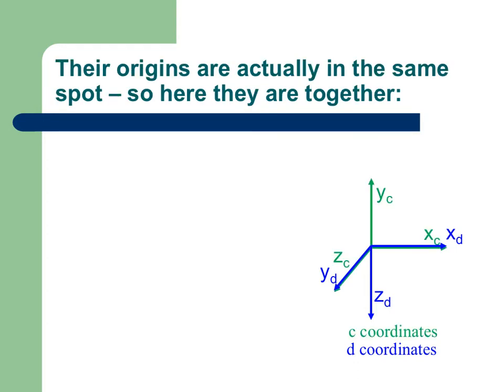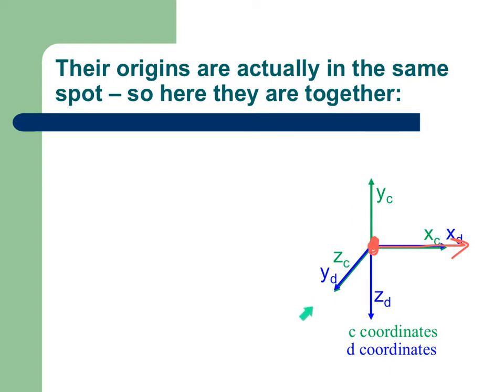Now their origins are actually co-located in the same spot, right? So let me color it in red because everything else is colored in already, right? So this is the origin of the C coordinate frame. It's also the origin of the D coordinate frame. So they're on top of each other, but it's important to notice that their x-axes are the same, but C's y-axis is going up and down.